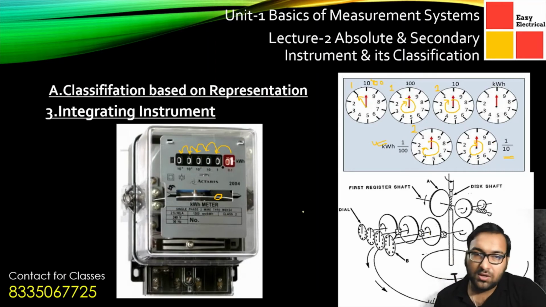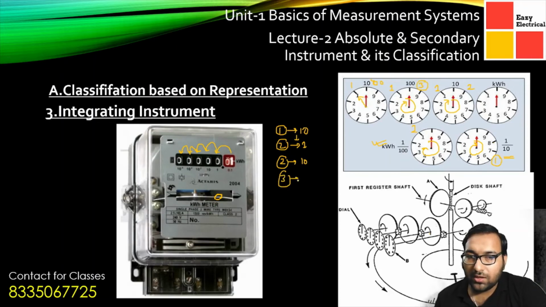A simple understanding is that suppose this is meter 1, dial 1. When dial 1 gives us 10 readings, then suppose this is dial 2. Dial 2 will show 1 reading. Now if dial 2 shows 10 readings, then dial 3 will show 1 reading.